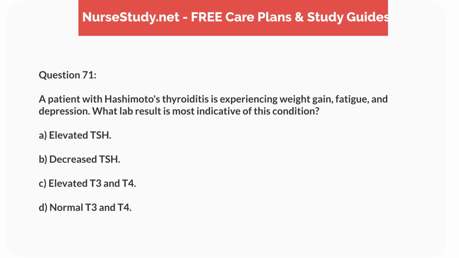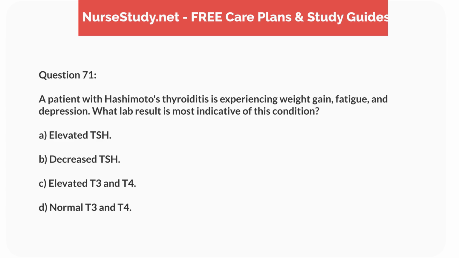Question 71. A patient with Hashimoto's thyroiditis is experiencing weight gain, fatigue, and depression. What lab result is most indicative of this condition? A. Elevated TSH. B. Decreased TSH. C. Elevated T3 and T4.